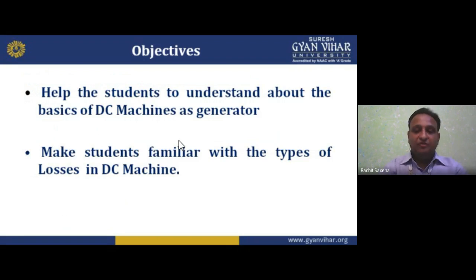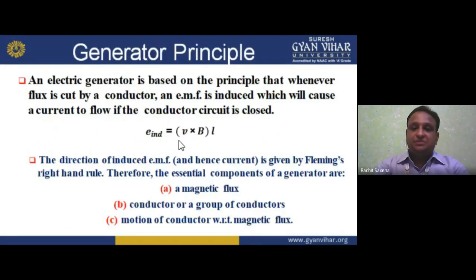Now, moving forward, generator principle. An electric generator is based on the principle that whenever flux is cut by a conductor, an EMF is induced, which will cause a current to flow if the conductor circuit is closed. One thing, my dear students: this principle is from Faraday's law of electromagnetic induction.